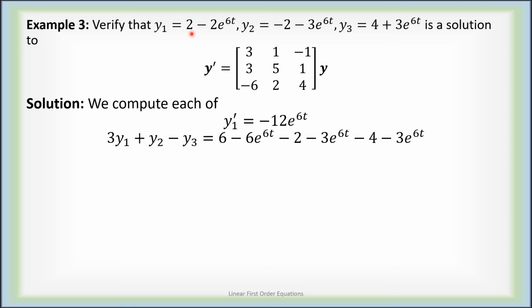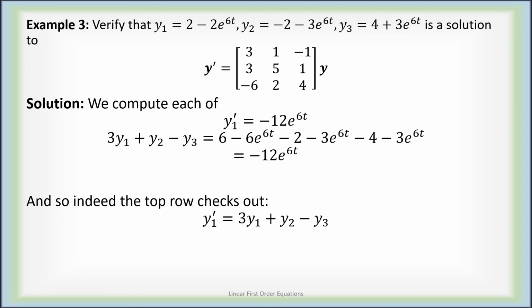For y1, I substitute 2 minus 2e to the 6t. I substitute y2 and y3 as well. So 3y1 plus y2 minus y3 is all given here, which does indeed simplify down to negative 12e to the 6t. So in the first row, y1 prime really is equal to all of this. So the top row did indeed check out.